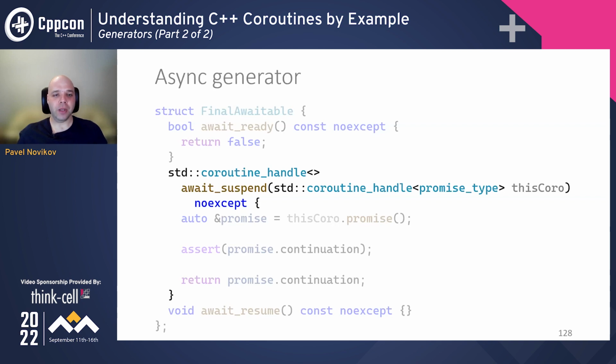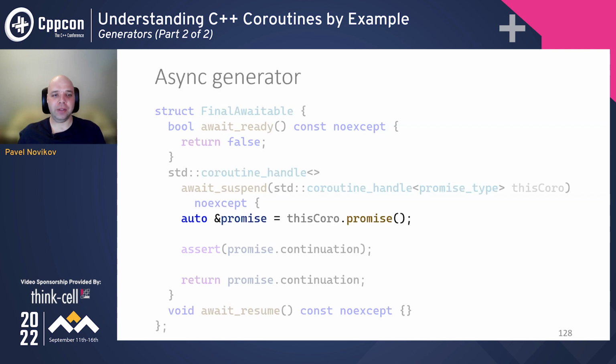So prior to this, continuation was set by waiting on the next awaitable. And at this point, when our generator is finishing execution, it has to resume that continuation. So basically, we have to get back to the coroutine that awaited on the async generator.